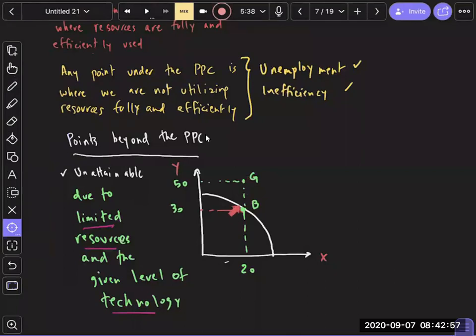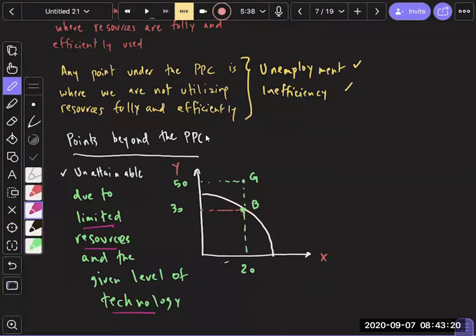But right now you are stuck at point B, but you could have reached higher. Make sense? But with your given resources and given level of technology, the maximum you can get is B. Make sense? So any point beyond the curve, we say, is unattainable.